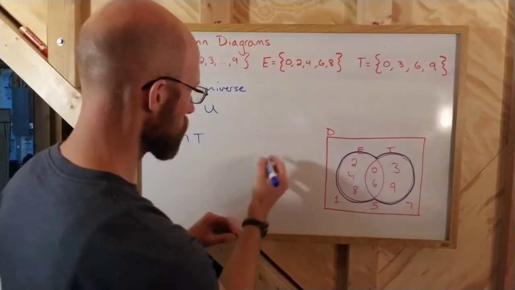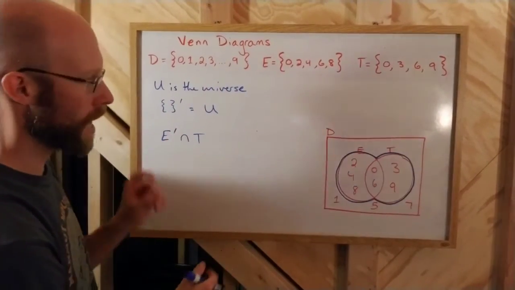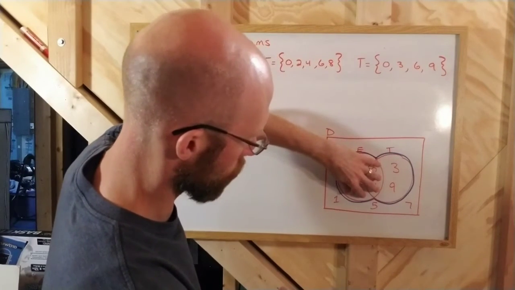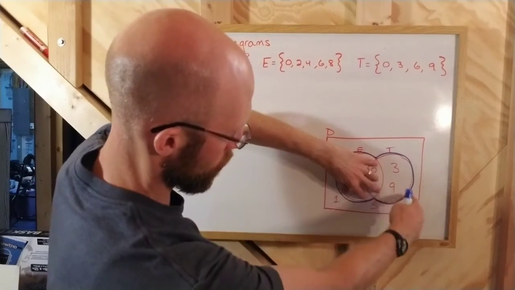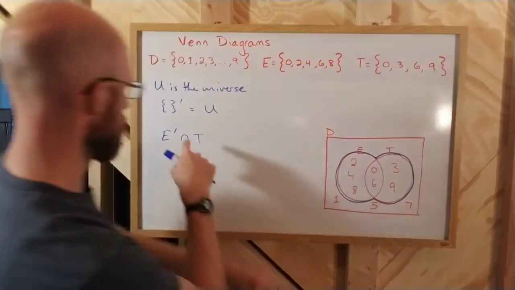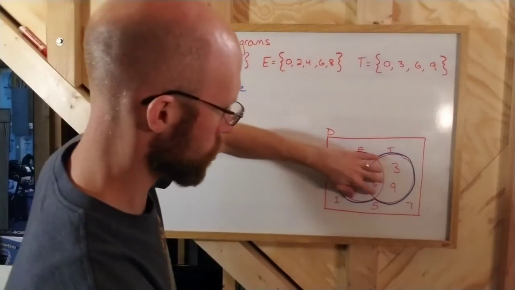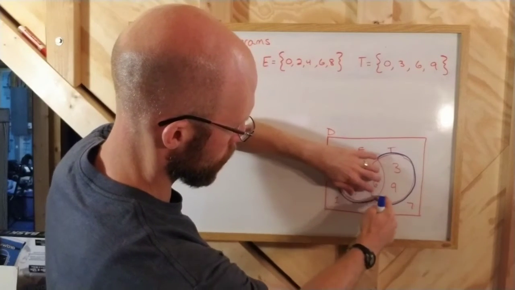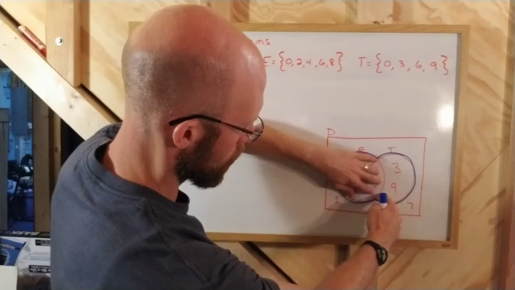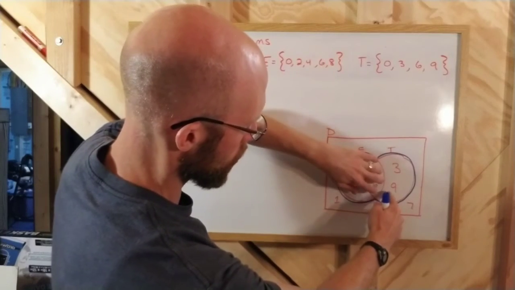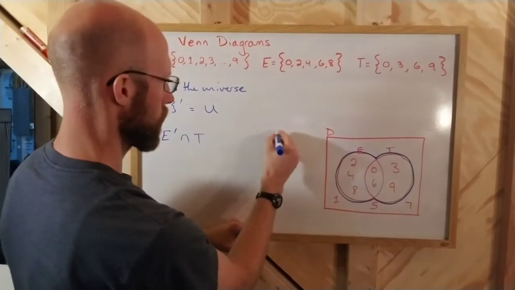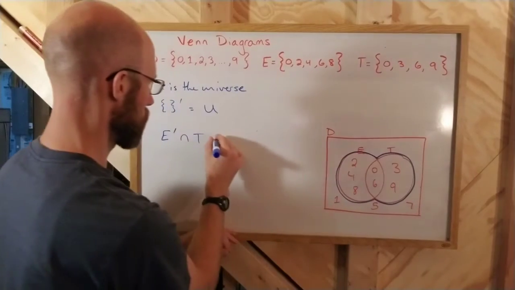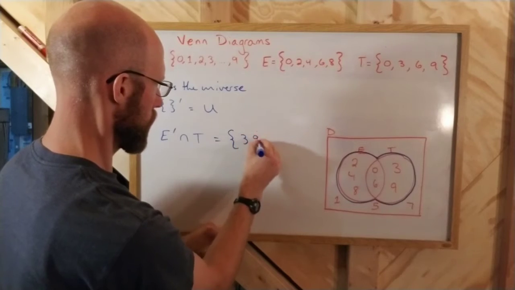E complement is everything not in E, so I ignore the E portion, and I've got these other 5 elements, and then intersect that with T, so it also has to be the stuff in T. So you just look at the stuff in T that's not in E, and you end up with just 3 and 9. So equals 3 and 9.